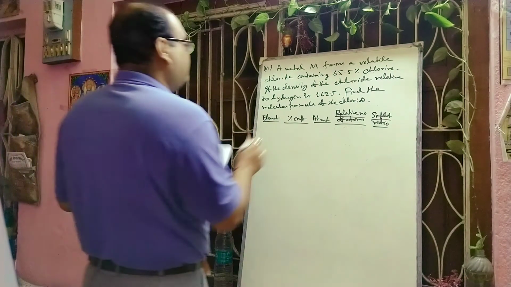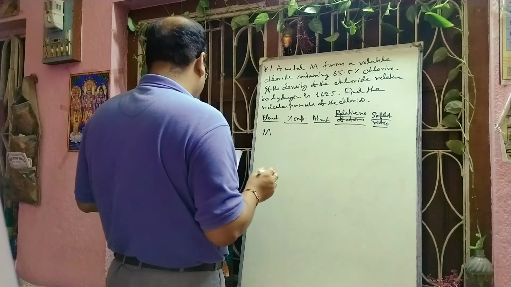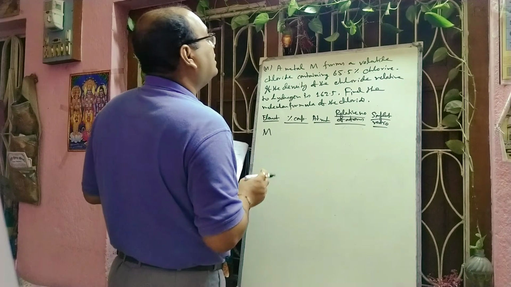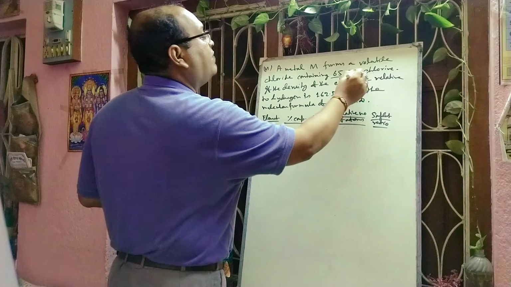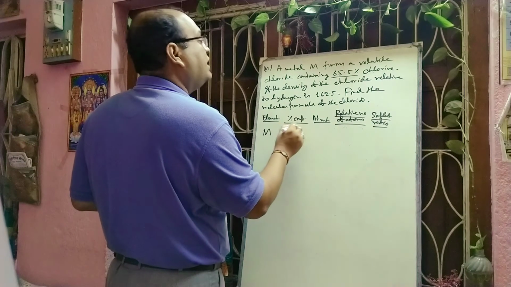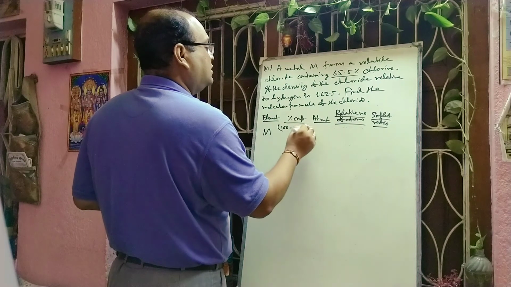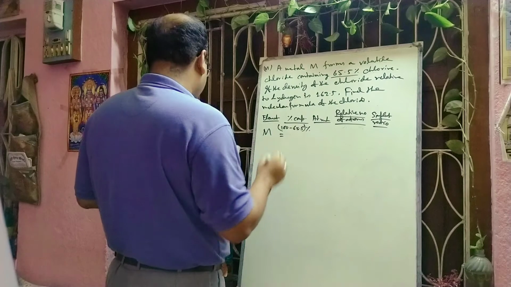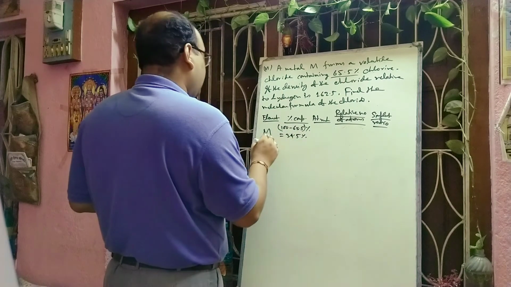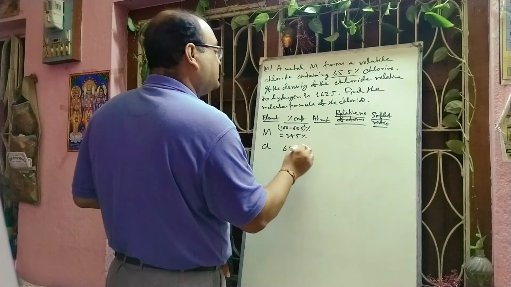The chloride contains 65.5% chlorine, so for the metal we count 100 minus 65.5%, which will be 34.5%, and chlorine will be 65.5%.